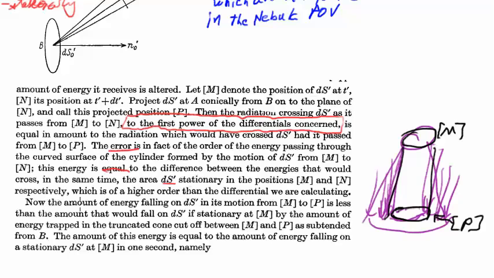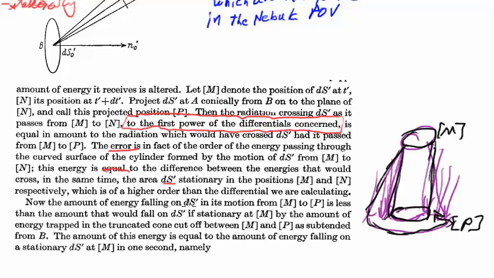Let's start over. Now the amount of energy falling on ds prime in its motion from m to p is less than the amount that will fall on ds prime if stationary at point m by the amount of energy trapped. It's not really trapped, but okay. Trapped in the truncated cone cut off between m and p as subtended from b.